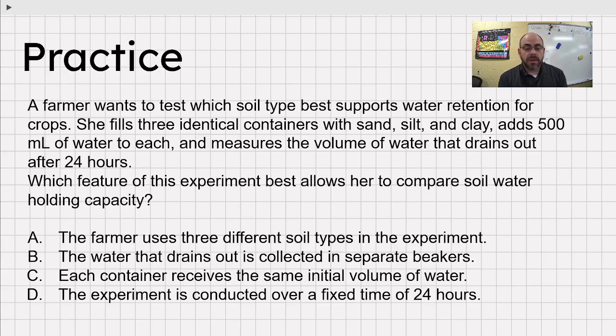Okay, so this one ensures that all 3 trials are going to be tested equally, right? If you put different amounts in there, you don't know how much is being retained. And so I think C is the best answer. Let's look at D. The experiment is conducted, no, definitely C. C is the best answer.